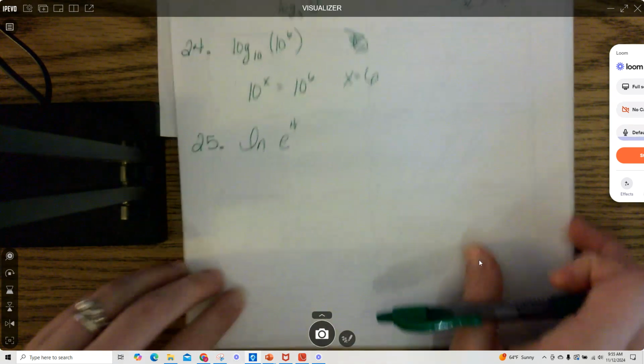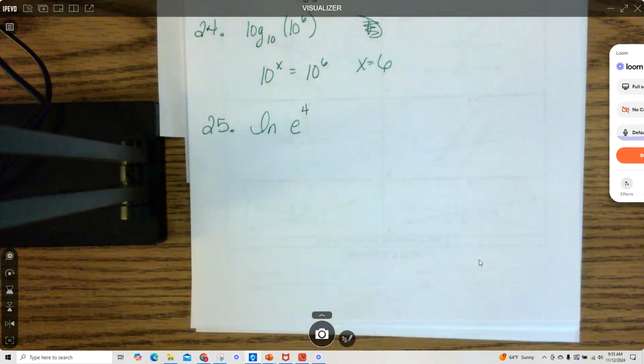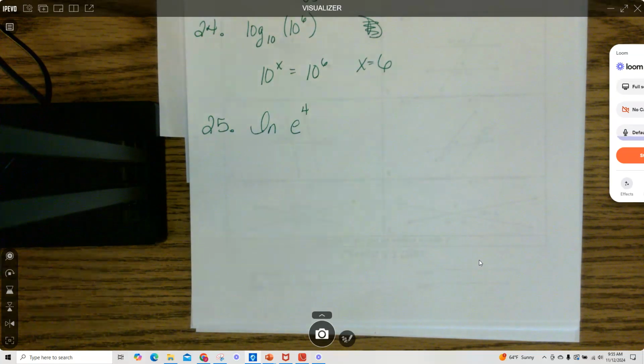Why can't I find my page that has all those rules? It says ln of e to the power of 12, the natural log of e to the power of 12.